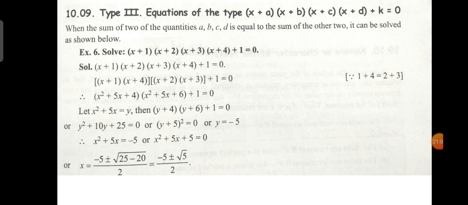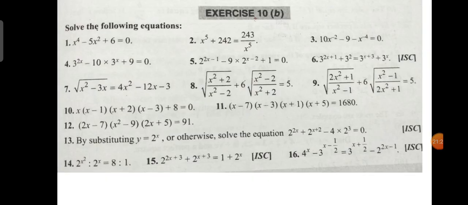So then y is x square plus 5x. Substituting y in that equation, x square plus 5x equal to minus 5 and x square plus 5x plus 5 equals 0. Then you will get the answer as x equals minus 5 plus or minus root of 25 minus 20 by 2, that is minus 5 plus or minus root 5 by 2.